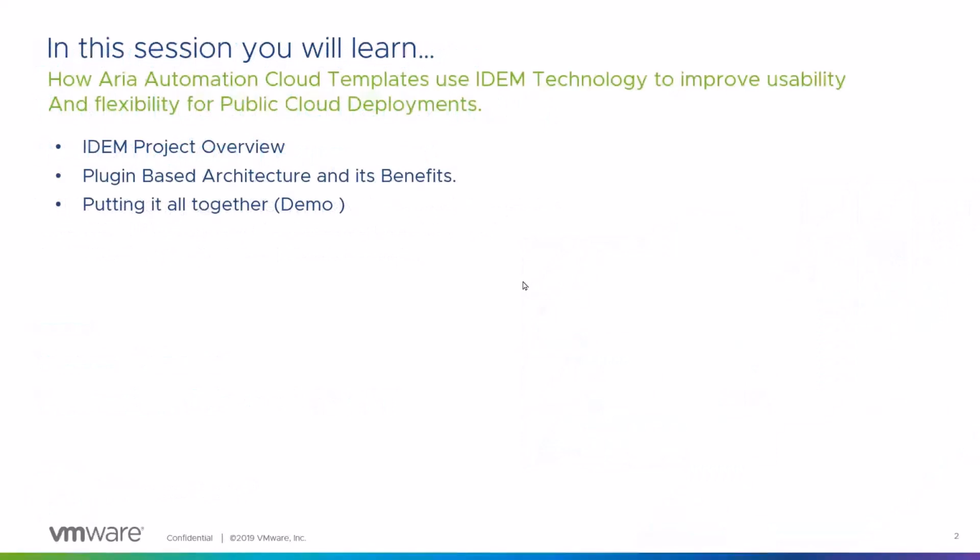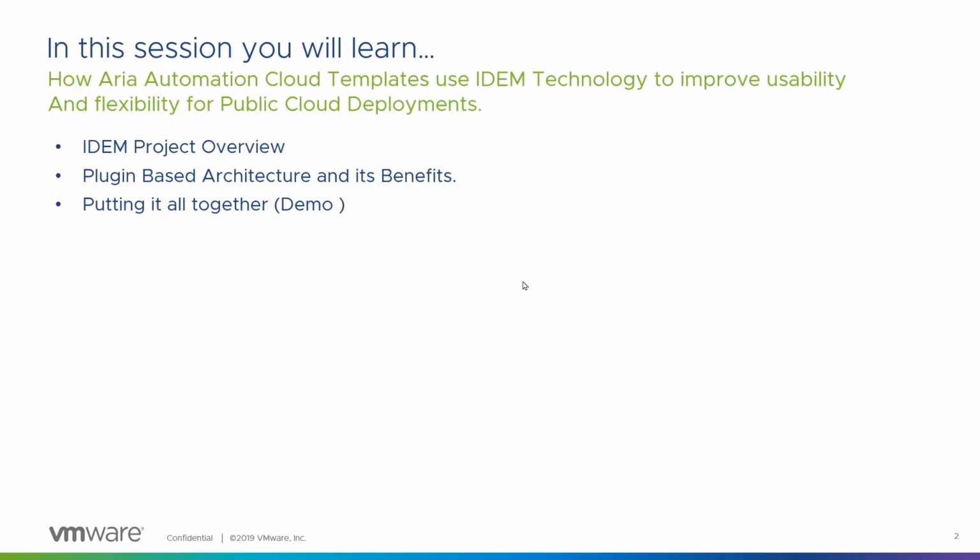In this session, we will learn how Aria Automation Cloud Templates use Idem technology to improve usability and flexibility for public cloud deployments. We're going to take a look at what Idem is, or the Idem project.